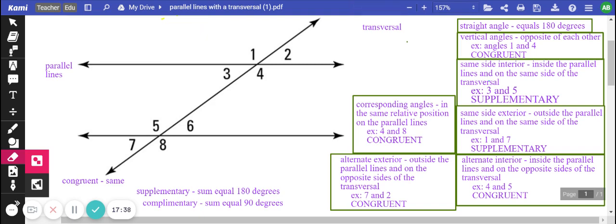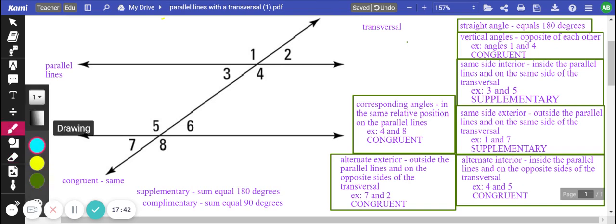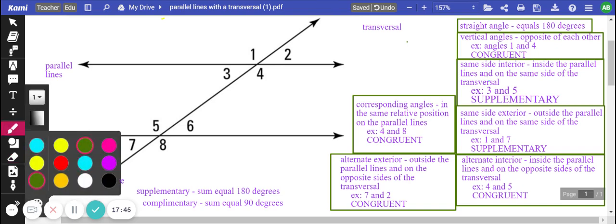Now those are parallel lines. And this is the transversal. Okay, so let's say that angle 5 is 60 degrees. And the question is telling you to find angle 4.